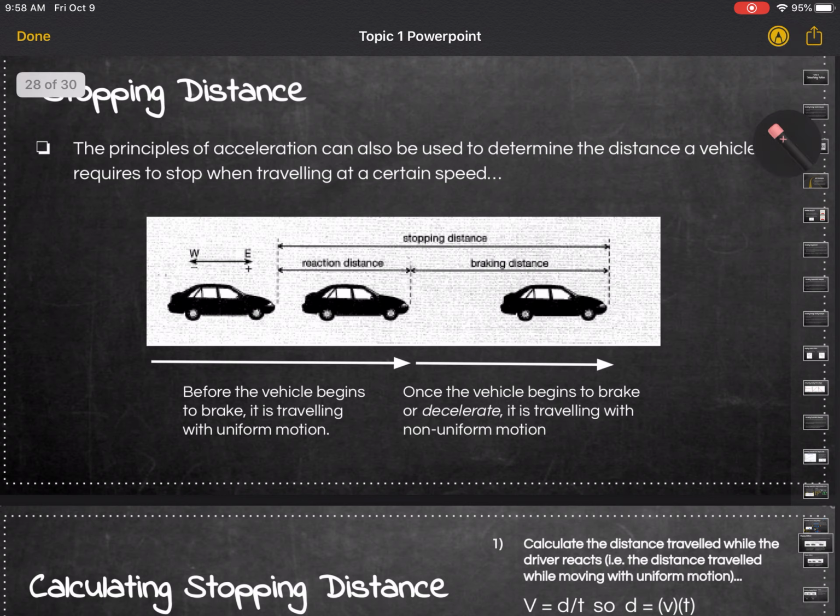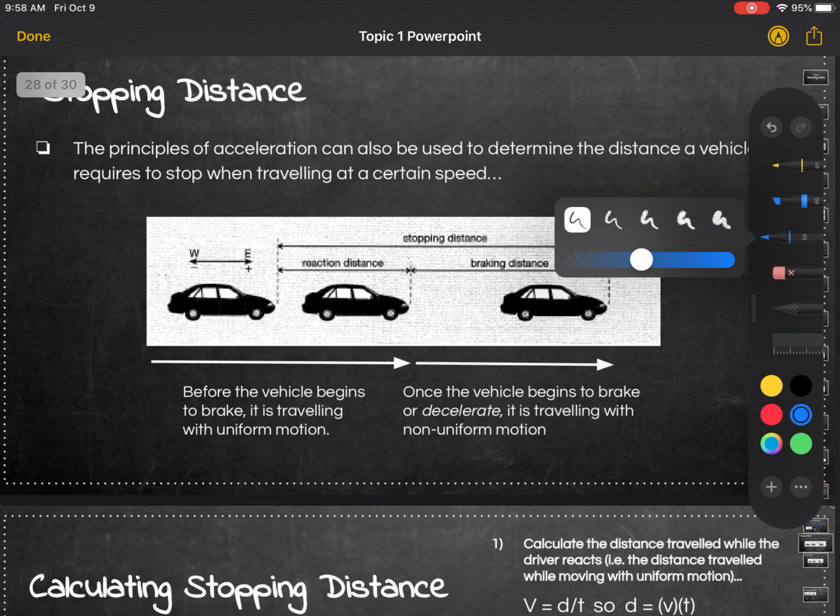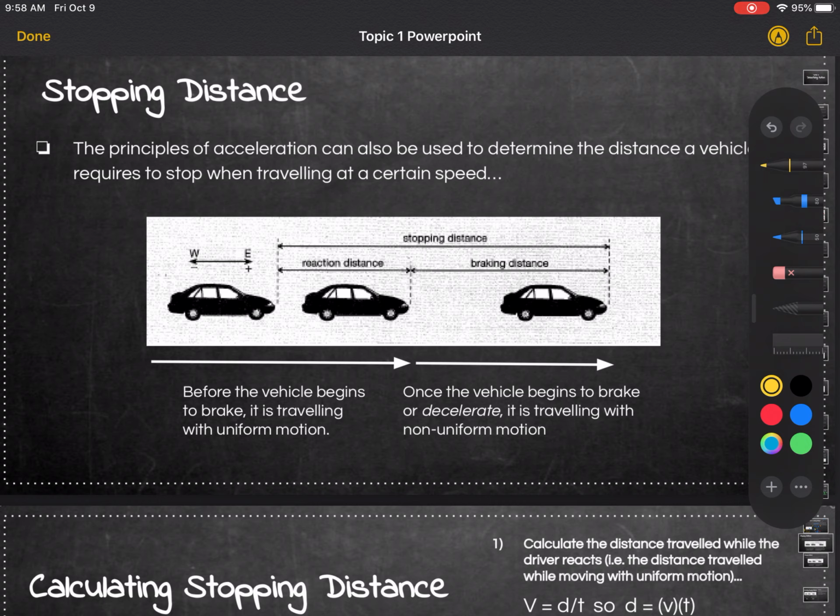So they've split that into these 2 separate pieces. This is our reaction time, and then this is our braking distance, okay? So there's 2 separate times, and all of those together add up to our stopping distance. So our reaction time and our braking distance, those are all connected into our stopping time.